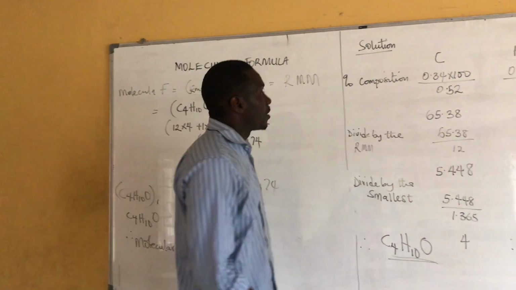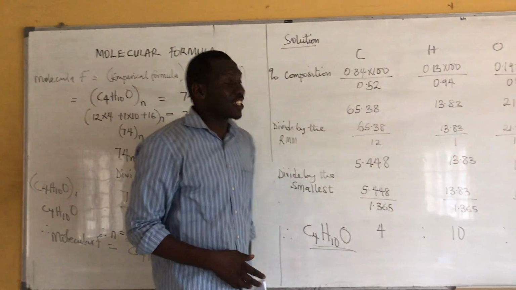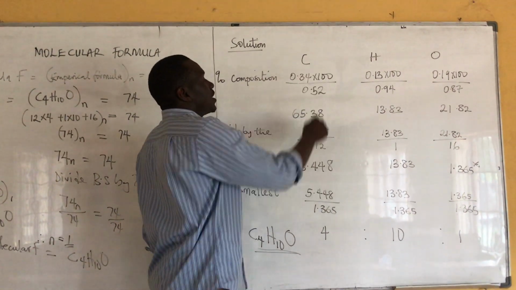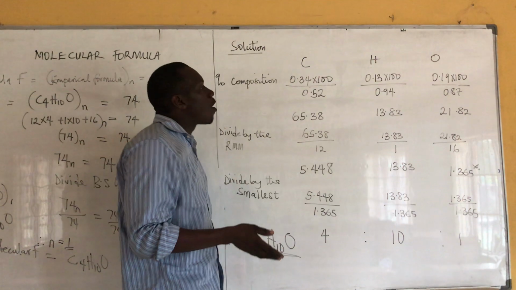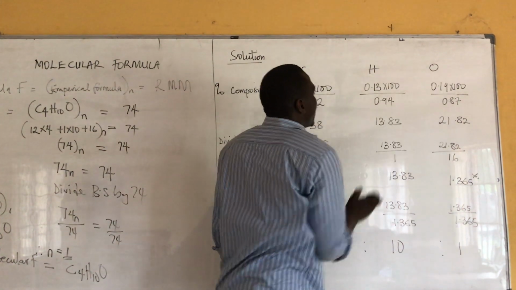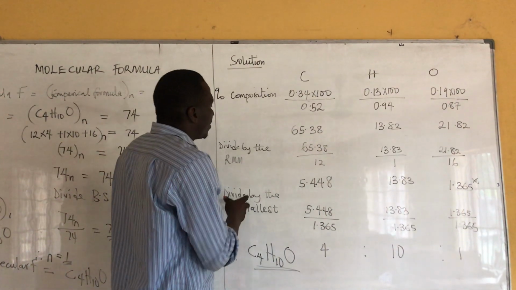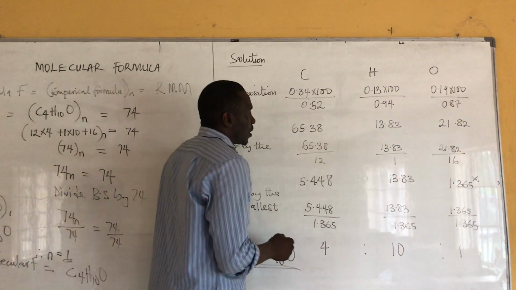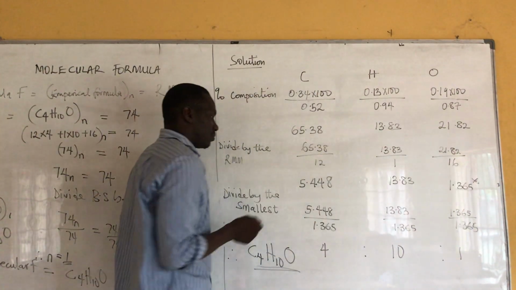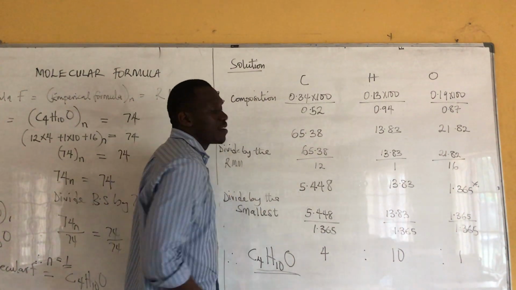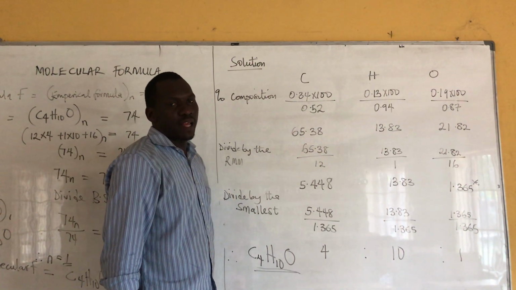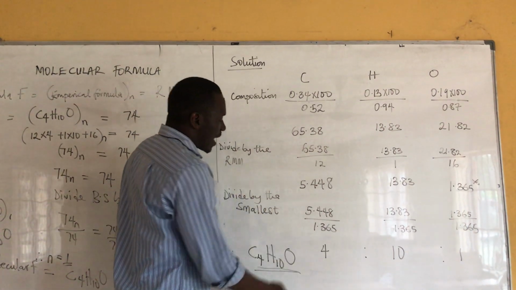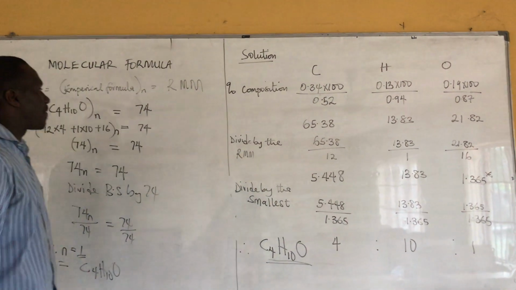Let's go back. Please don't forget, we get our percentage composition by multiplying the mass of the element by 100 and dividing by the total mass of the compound, which is what we did here. Then we divide by the relative atomic mass of each element. You get this value, then you divide by the smallest, which is what we have here, to get our empirical formula.